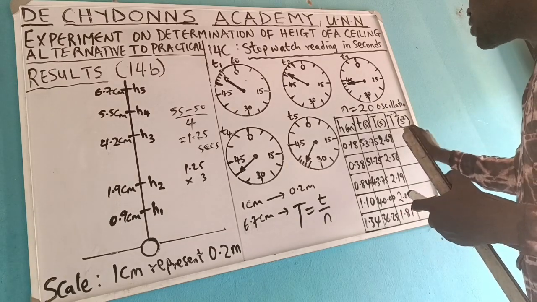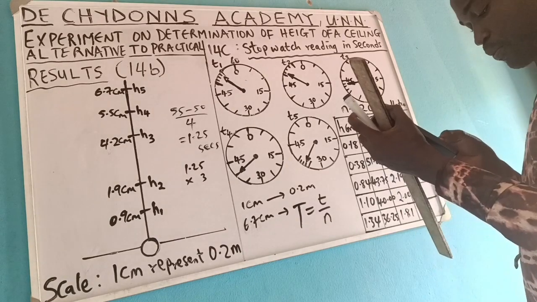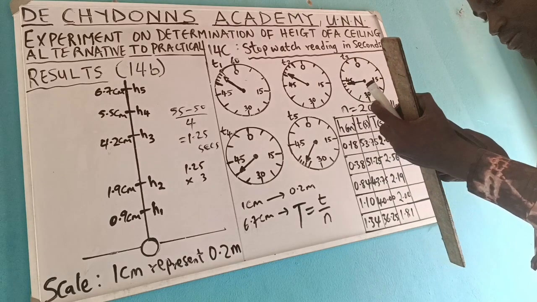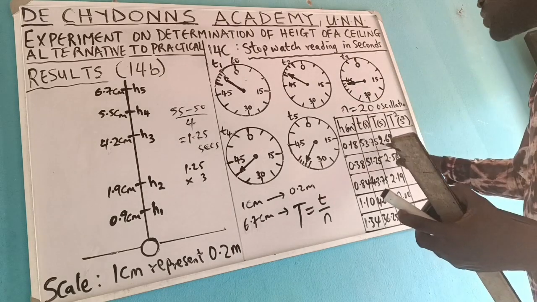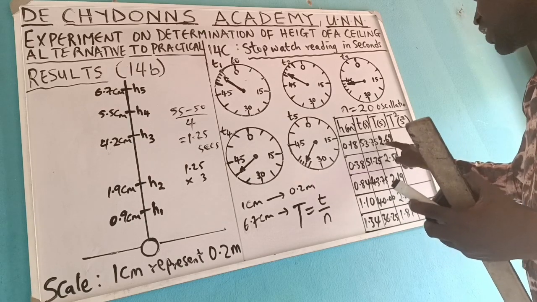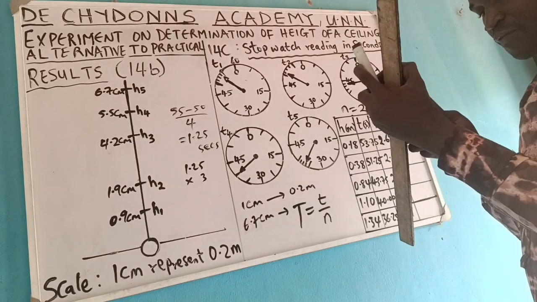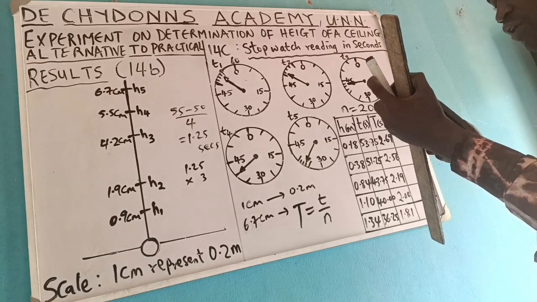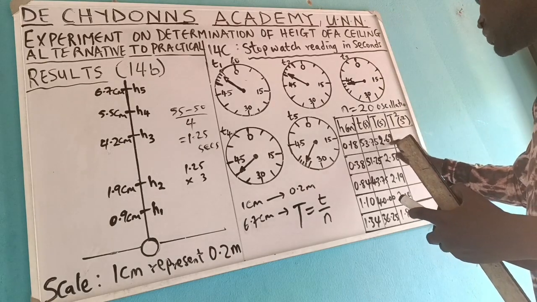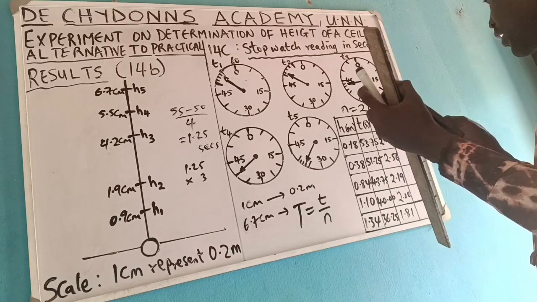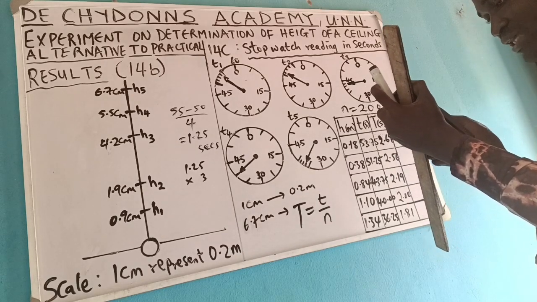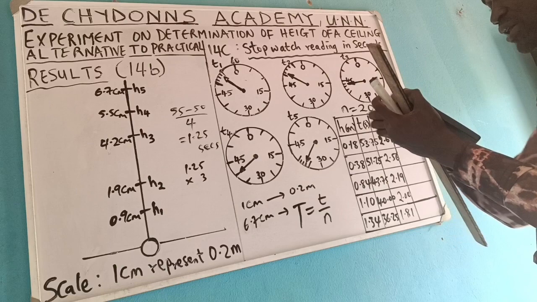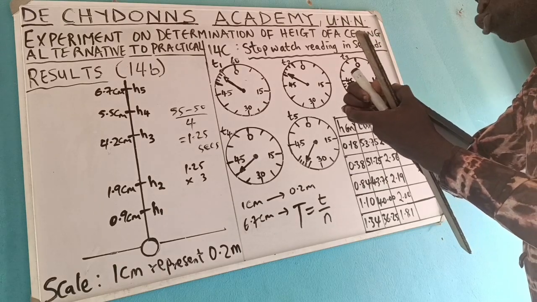Then what about your T squared? 2.69, you know, this is the approximated answer. I will advise you, once you divide 53.75 by 20, it gave us 2.69. You now say 2.69 squared. That gives you 7.24.